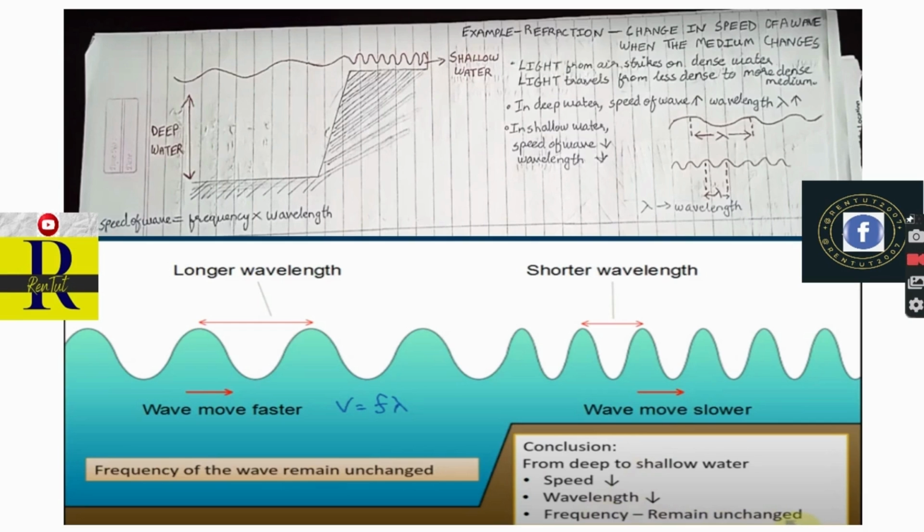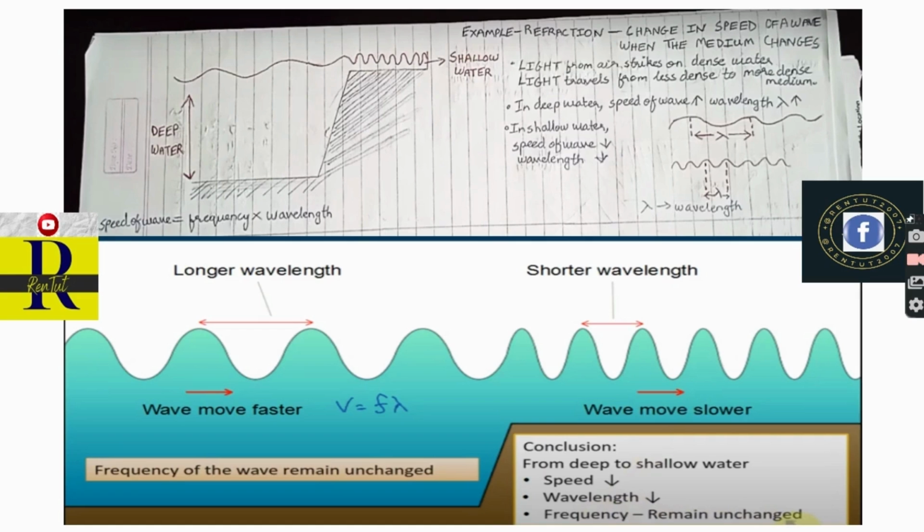Okay, so in deep water what is happening is that you can see the waves, the speed of the wave is directly proportional to lambda. So what is speed of the wave and what is lambda? The speed of the wave is equal to the frequency into the wavelength. Wavelength is represented as lambda.